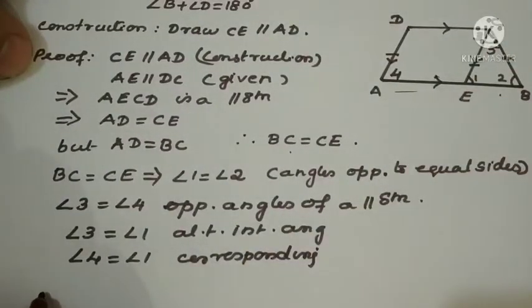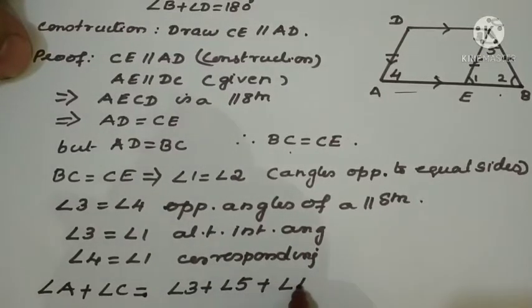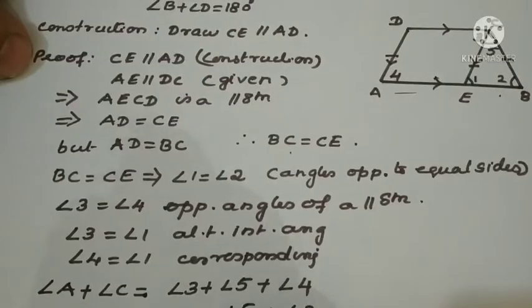Now we should prove that opposite angles are supplementary. So we take angle A plus angle C equal to angle 3 plus angle 5 plus angle 4. Now instead of angle 3 we can write angle 1. Angle 1 is also equal to angle 2, so I can write here angle 2. Angle 5, I am not making any change. So what is the meaning of this? Angles 1, 5 and 2 are in a triangle, so by the angle sum property this is equal to 180 degrees.